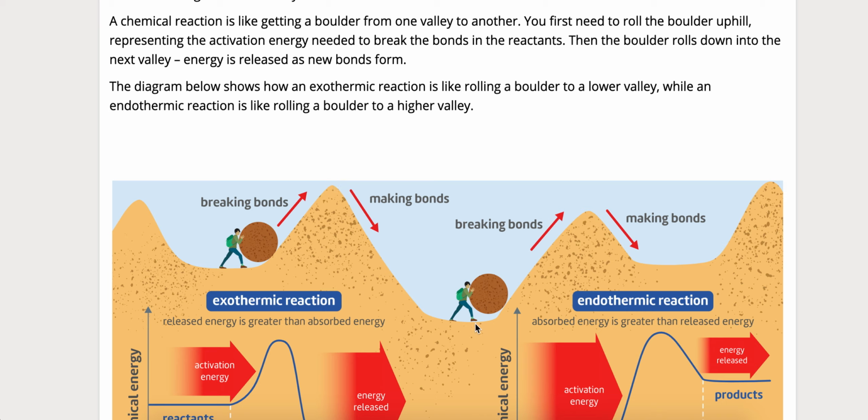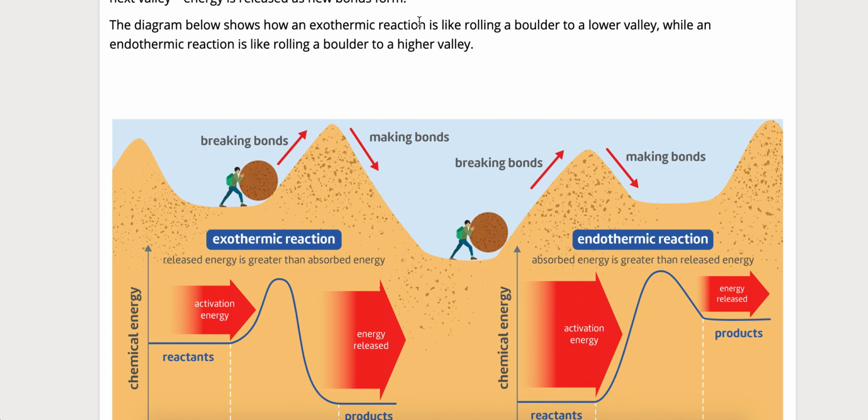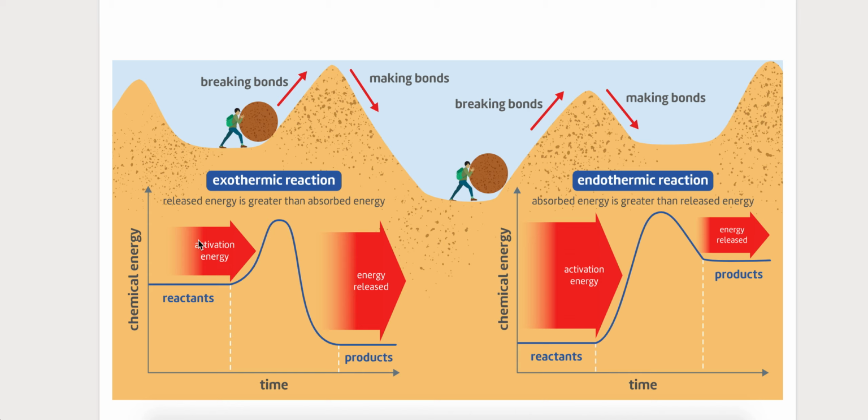This diagram shows that it's an exothermic reaction, and it simply shows us that breaking the bonds is like requiring the activation energy. Once it hits the peak, it drops down again, which is making these new bonds.